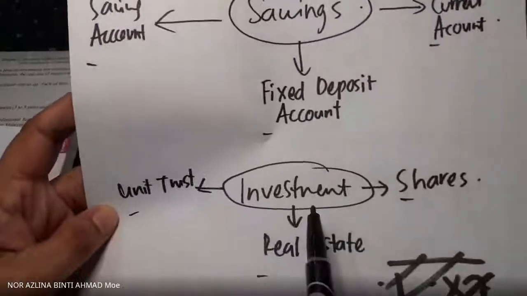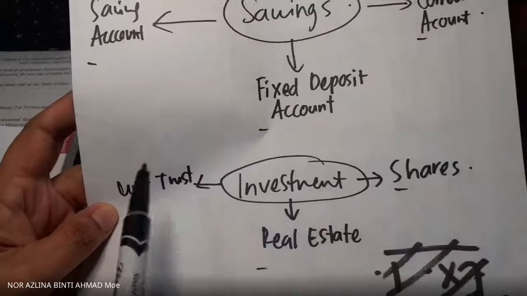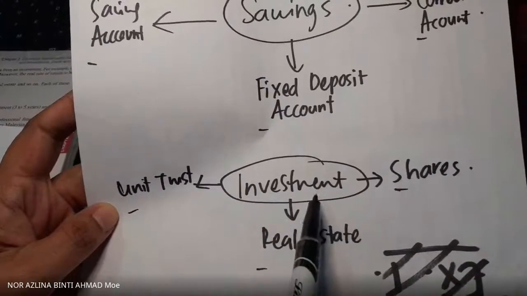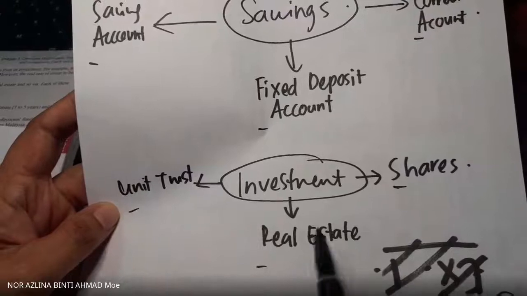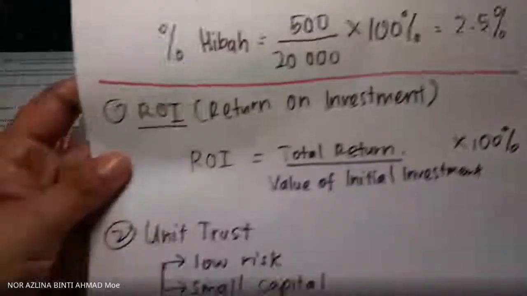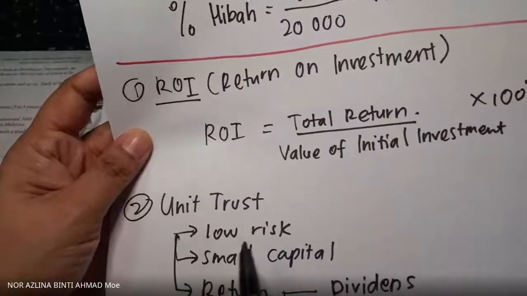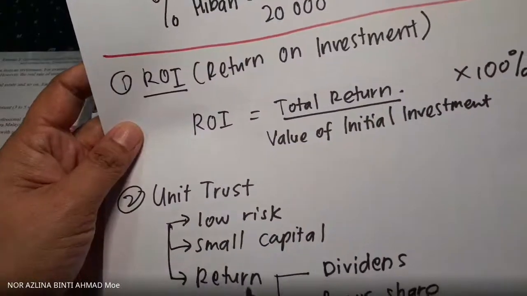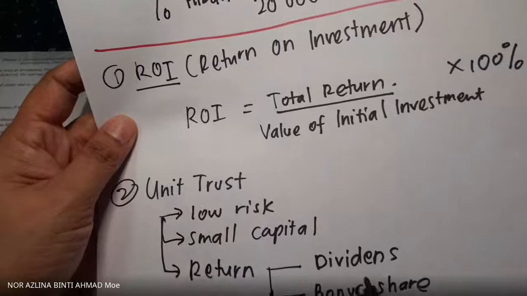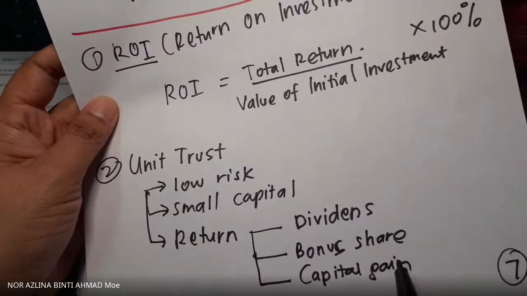Ni contoh investment semalam yang kita sentuh, kita belajar. Kita ada 3 jenis investment, unit trust, real estate and shares. So yang ini kita dah masuk kepada unit trust. So unit trust, low risk, small capital and return for unit trust is dividend or bonus share or capital gain.